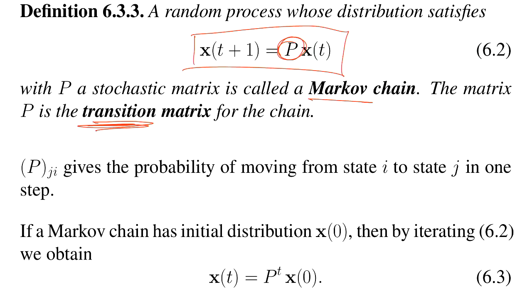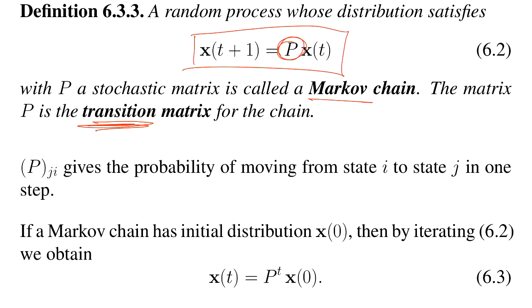And so your column vectors aren't column vectors anymore, they're row vectors, and you make the appropriate changes, and then you have to deal with everything being in terms of row vectors. So we're not going to do that because I'd have to generalize in an uninteresting way all the eigenvector stuff we did. So we're going to write our recurrence like in equation 6.2. And then if you do that, the interpretation is P_ji is the probability of going from i to j. So you sort of have to read it right to left.